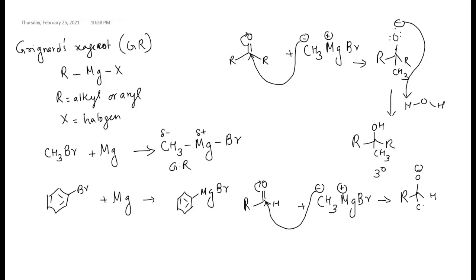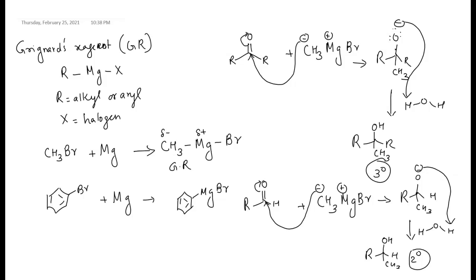And the second step is where you add the water in this manner. Negatively charged oxygen gets protonated, and we end up with the alcohol, which is here a secondary alcohol. Okay, when we use a ketone, you get a tertiary. When you use an aldehyde, you get a secondary.